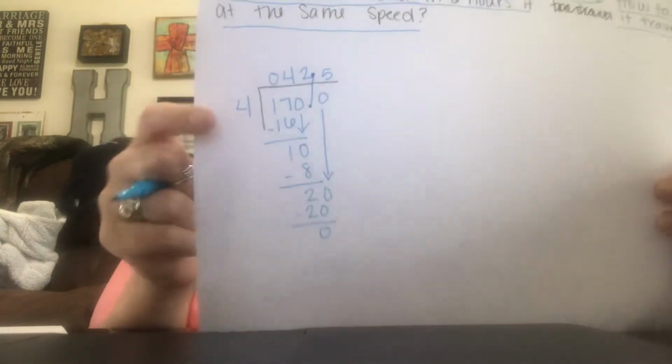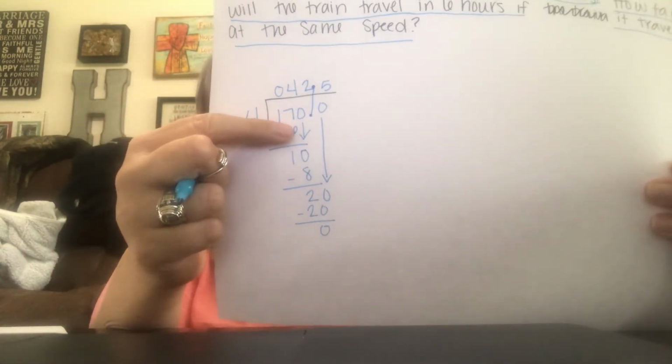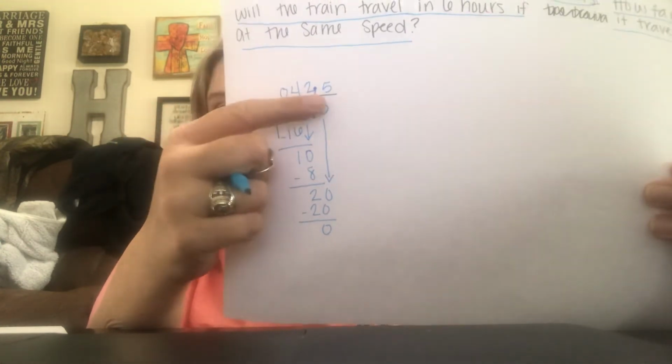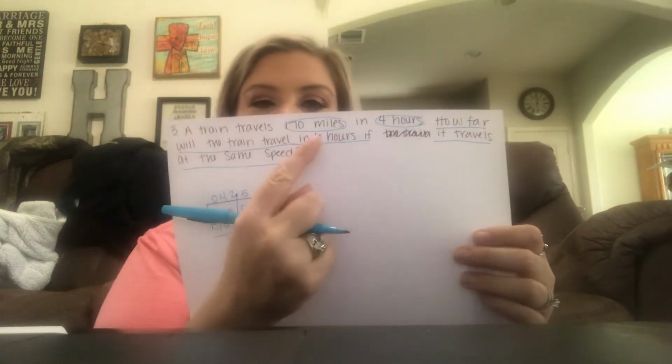So what it's told us here is that when given 4 hours for 170 miles, we found that 1 hour is 42.5. Now going back and reading your question, it does not ask for 1 hour, it asks for 6.